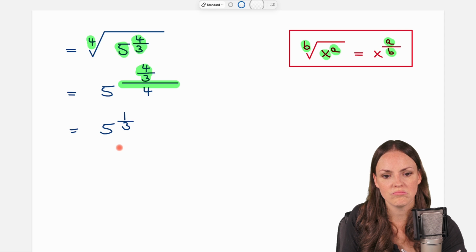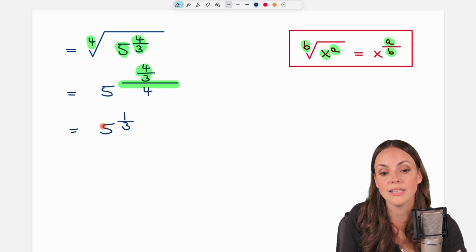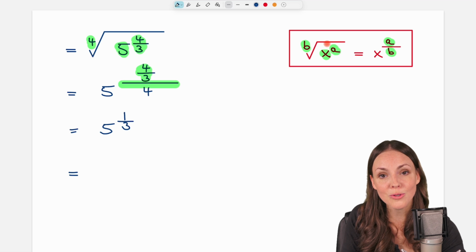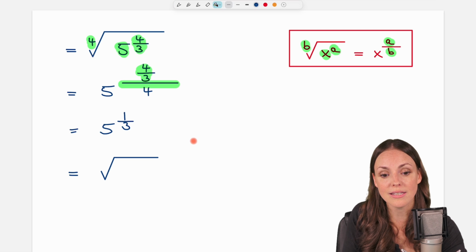So now there is nothing else to do. This is our result if we want to leave it as a power, or we can write it as a root, again, if we like this expression maybe more as a result. So let's use this rule here again. Our base is the 5, so we have the 5 here inside.